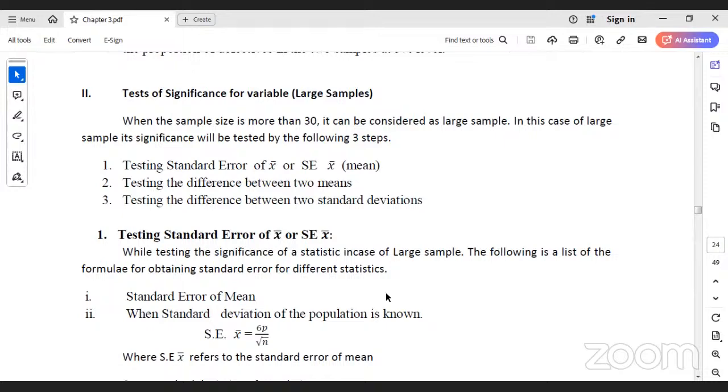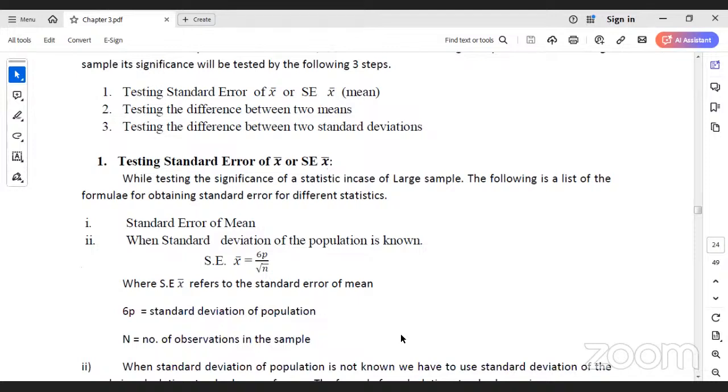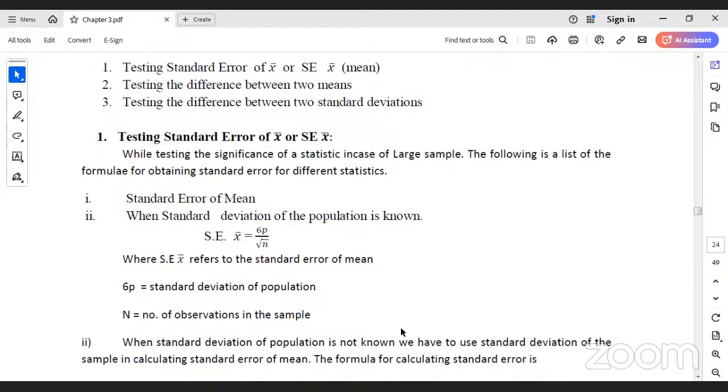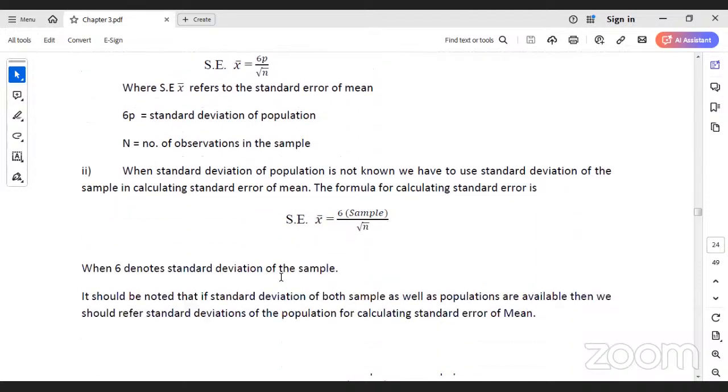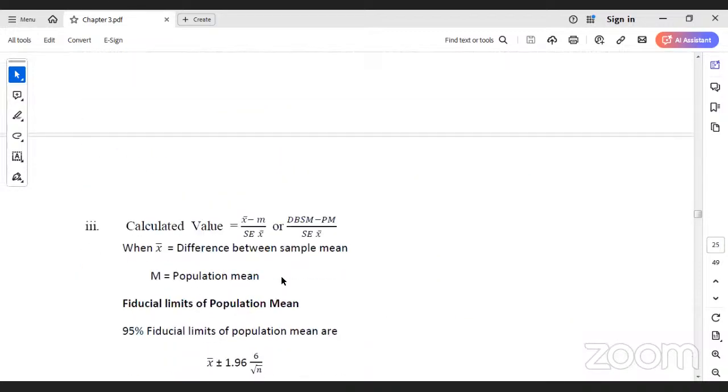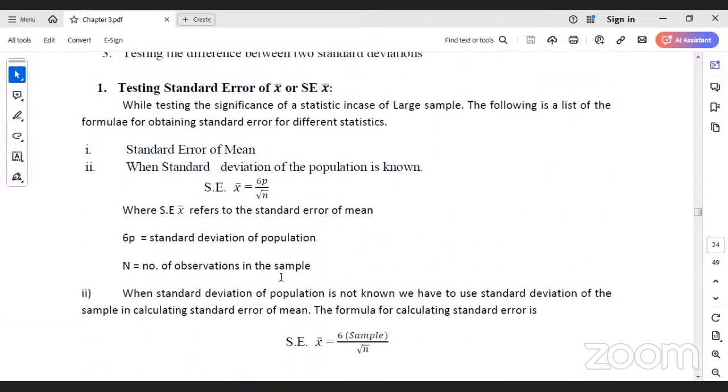So we will see the first method here, testing standard error of X bar. Listen carefully here. While testing the significance of a statistic in case of large samples, the following is a list of formulas for obtaining standard error for different statistics. Please note down these formulas.